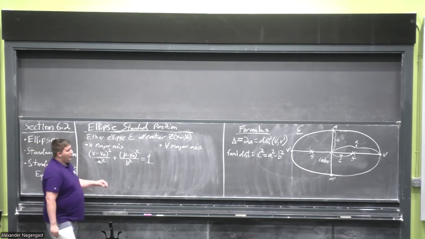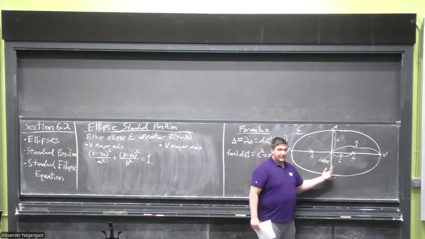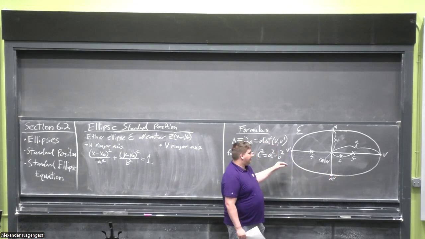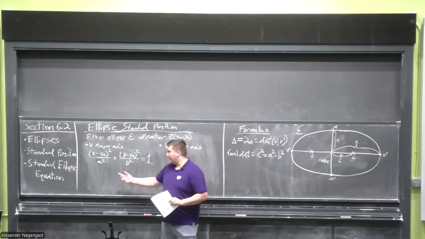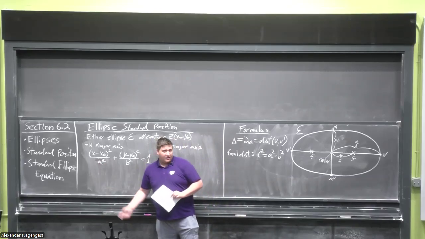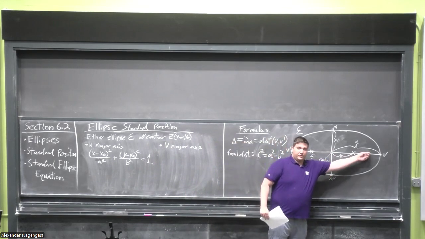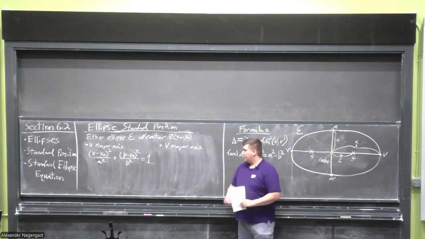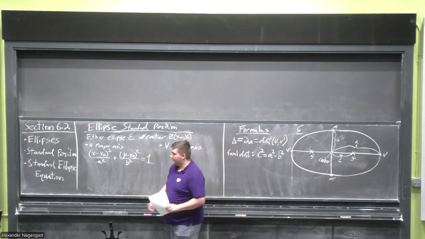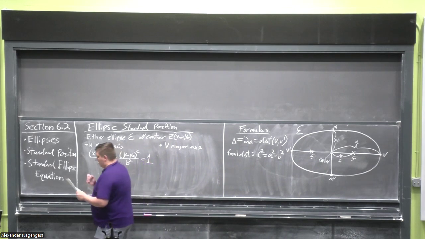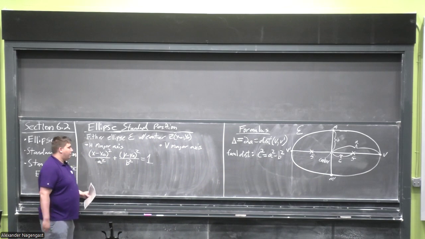Now, as I've drawn the ellipse here, this is a horizontal major axis. And so we can see that the A is measuring this horizontal distance, the B is measuring the vertical distance, and they're kind of paired here, with the x's being horizontal and y being the vertical.